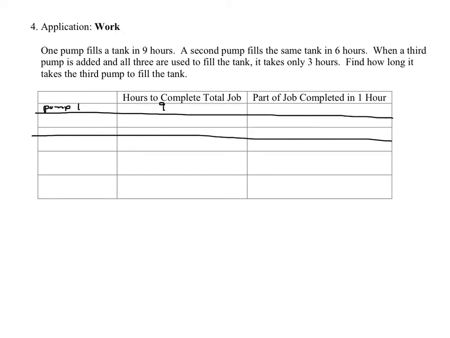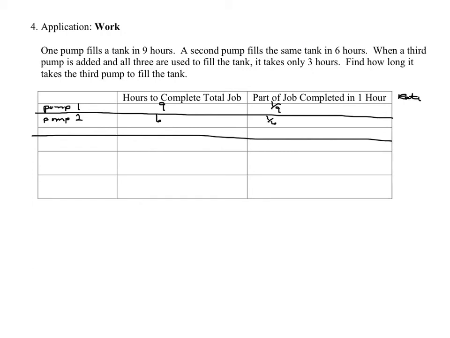Part of the job completed in 1 hour, 1/9. And that's your rate for pump number 1. A second pump, pump number 2, fills the same tank in 6 hours. So hours to complete the job, 6. Part of the job completed in an hour is 1/6.